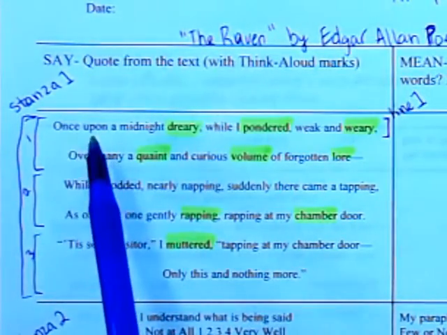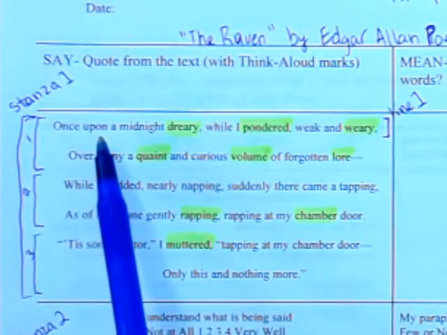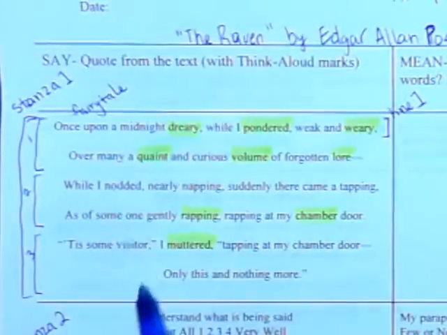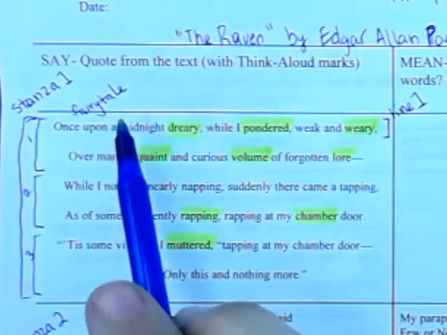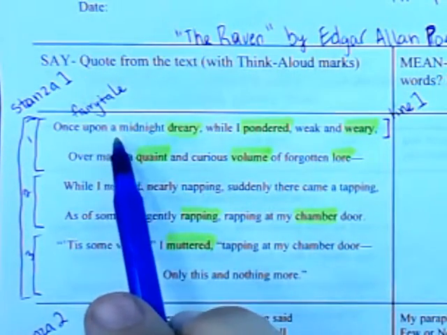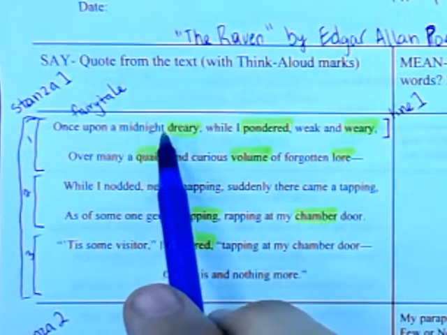So the first thing I notice is "once upon," and that reminds me of a fairy tale. When I think of "once upon," I think "once upon a time." So maybe this has something to do with a fairy tale. But then it says "a midnight dreary."